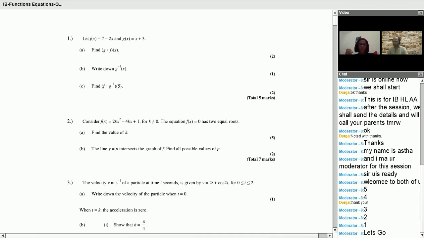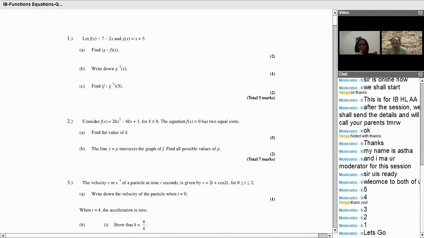So g of f of x. You put the 7 minus 2x into the x plus 3. So you get 7 minus 2x plus 3, so that's 10 minus 2x. Okay, you got 10 minus 2x. Let me check this question.